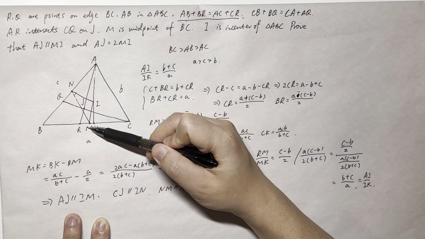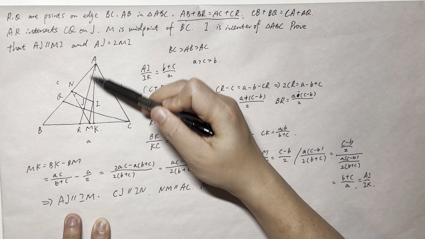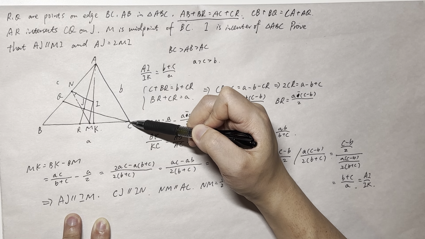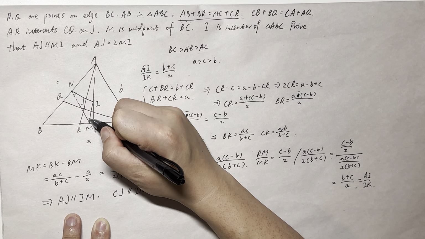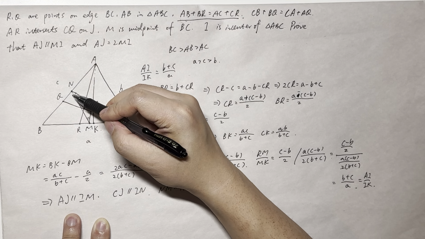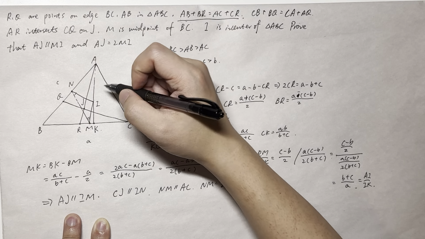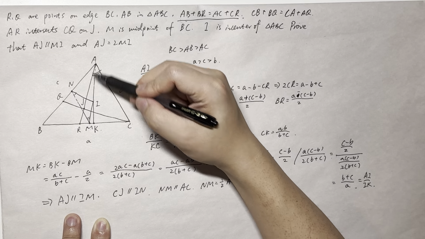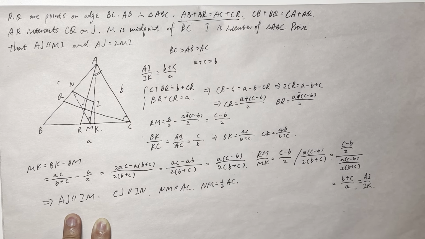And because IM is parallel with AJ, NM is parallel with AC, so we know that angle IMN equals angle CAJ, right?